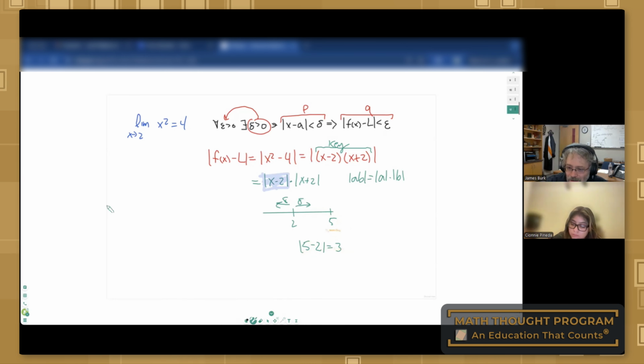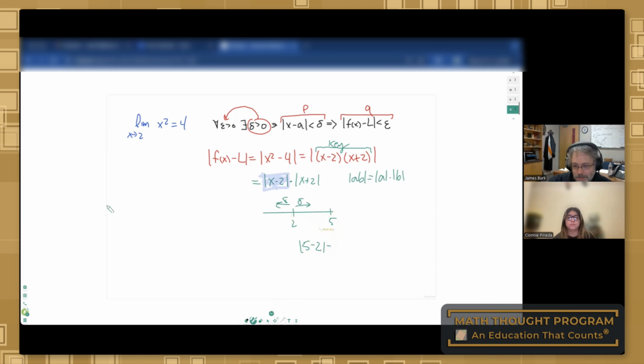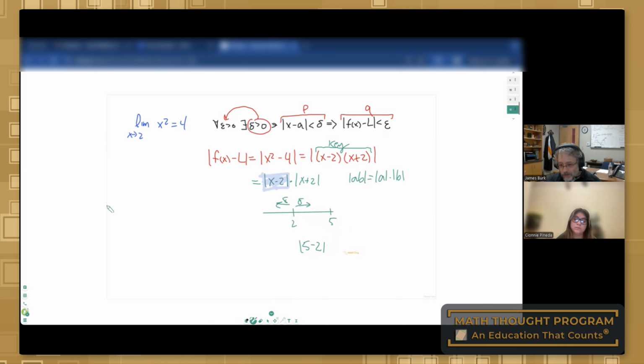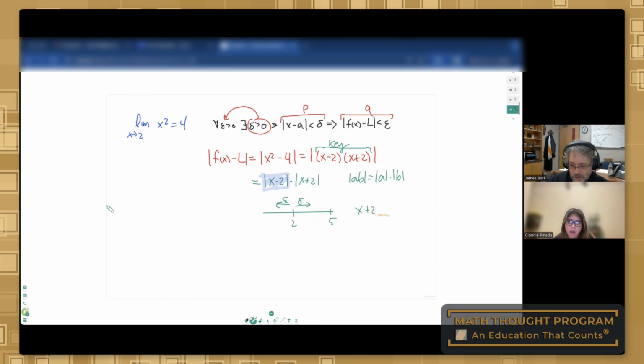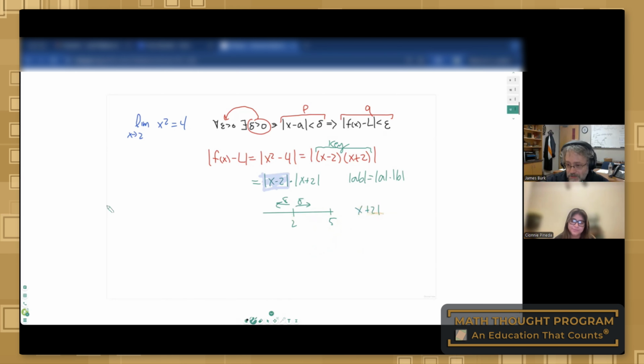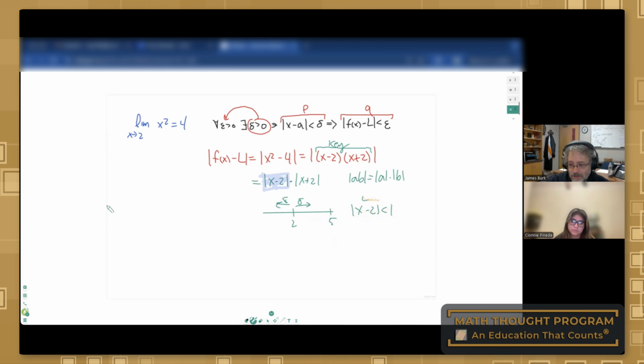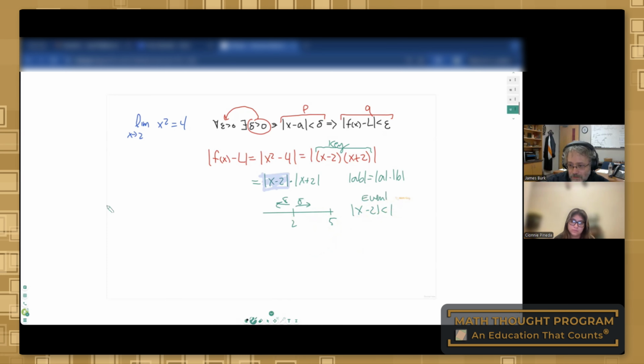In order to get close to 2, would it make sense to say that x minus 2 has to be less than 1 eventually, if I want to get to 2?